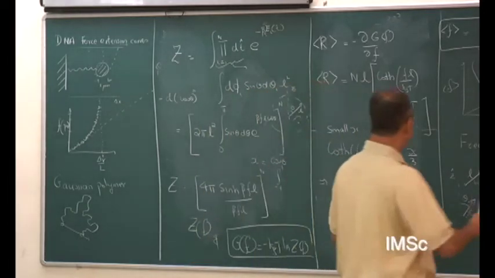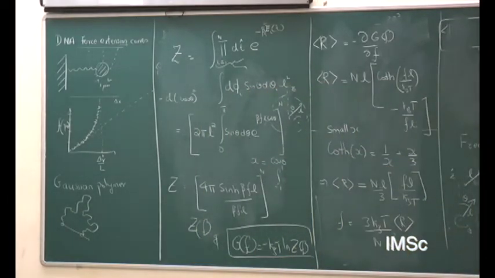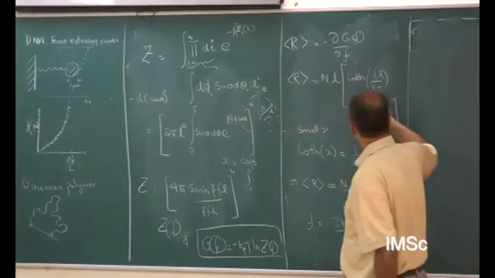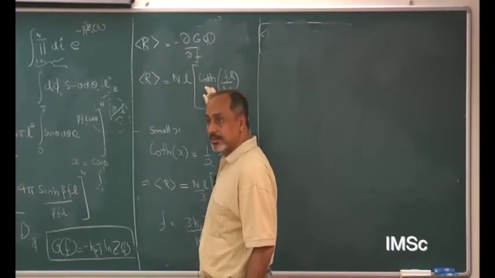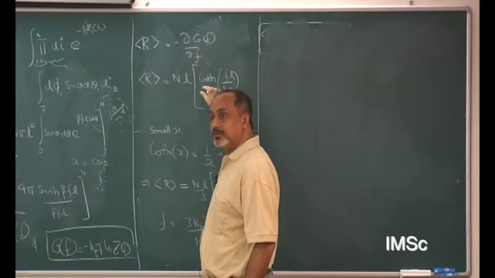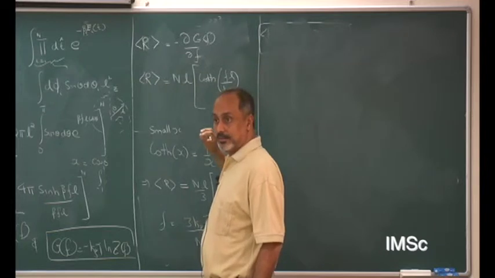When we look at that, that's easy to do, because all that requires is that we know the large argument behavior of cotangent hyperbolic. Cotangent hyperbolic is 1 by tangent hyperbolic, and tangent hyperbolic for large arguments always goes to 1.